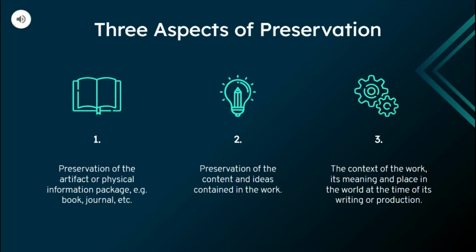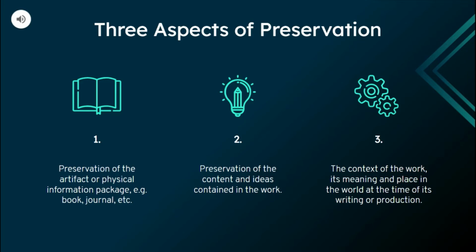When dealing with physical media, an archivist will want to preserve the object by keeping it as close to its original form as possible, while at the same time making sure the content of the object remains intact. The second aspect is the preservation of the content or ideas.